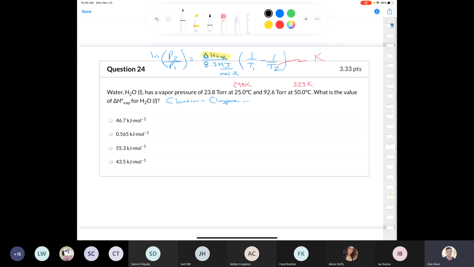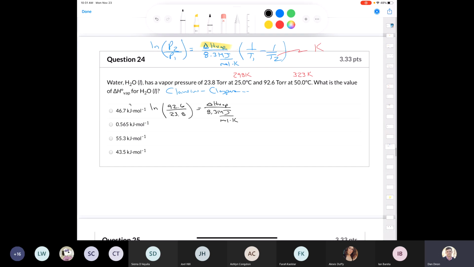So we're going to have the ln of 92.6 over 23.8 equal to delta H of vaporization divided by 8.314 joules per mole Kelvin.